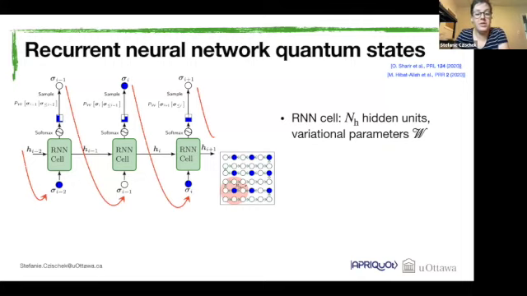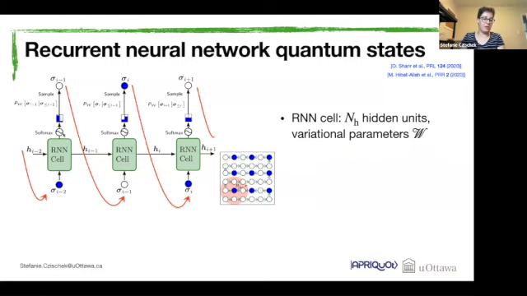And so if we now want to use this for our qubit systems, especially for our two-dimensional qubit systems, we need to define a sequence of qubits. And this we do by just snaking through our two-dimensional lattice here along these green arrows. And then what we use as an input is just the state of a single qubit. We send it through the RNN cell. Then at the end, we apply a softmax function.